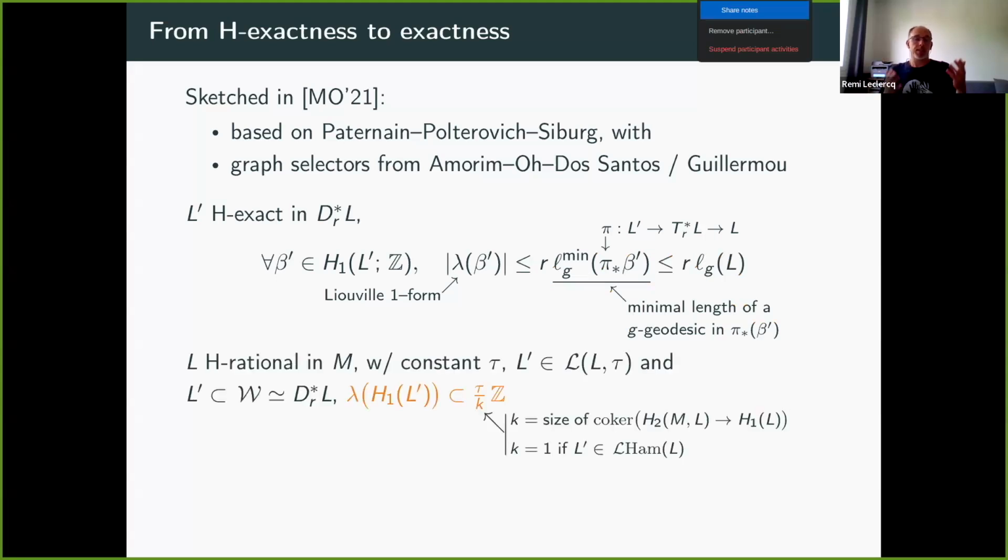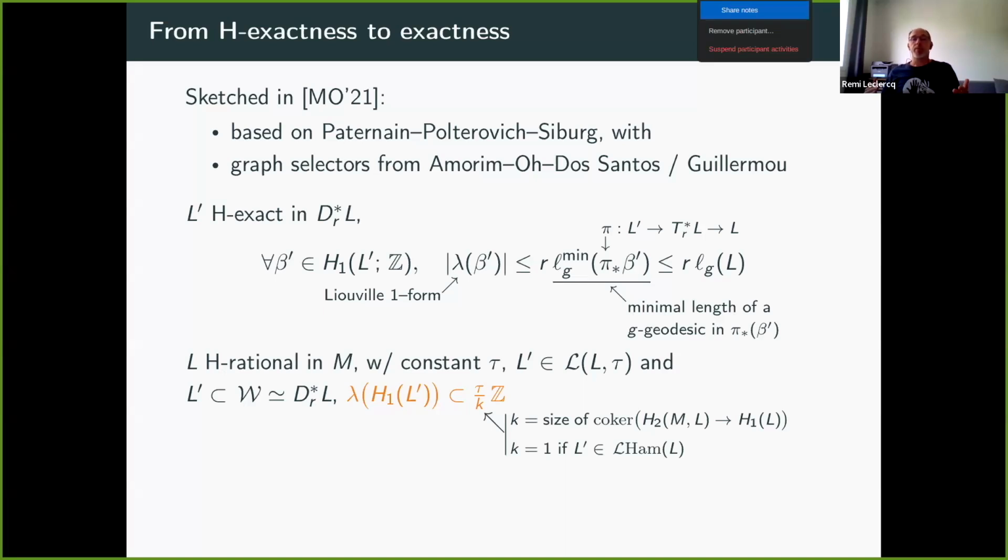And again, same type of things as before. If L is H-rational in M with constant tau, and L prime is also H-rational with constant tau, and L prime is inside this neighborhood of L, which you want to see now in the cotangent bundle, you can prove, it's not hard, that the image of the Liouville form on H1 of L prime is included in tau divided by k, which is a natural integer, times Z, right?